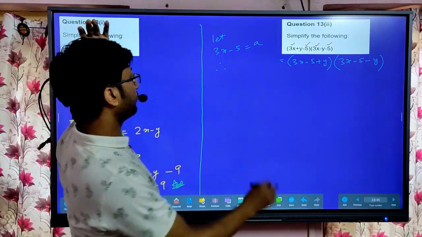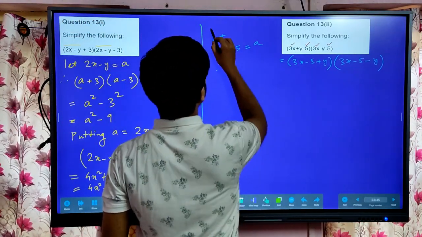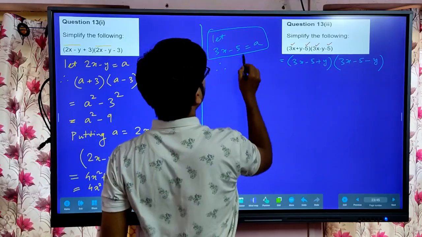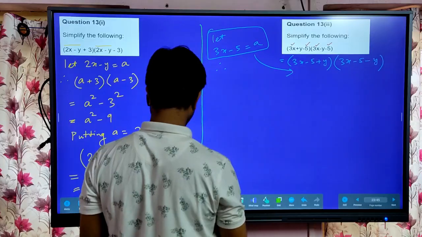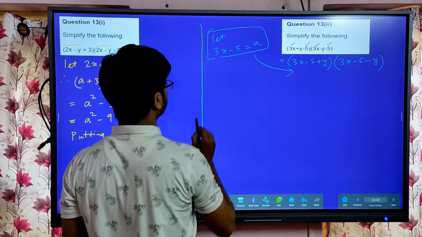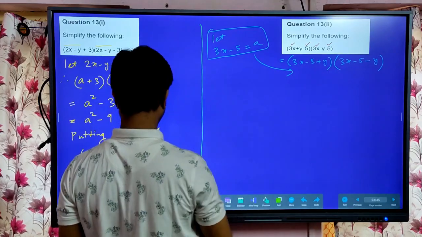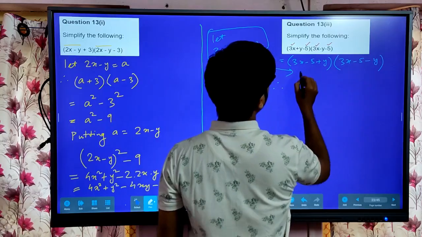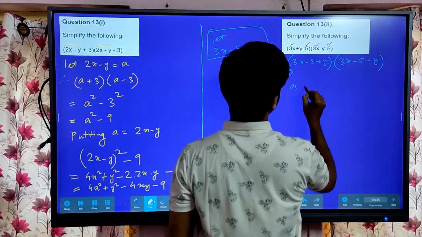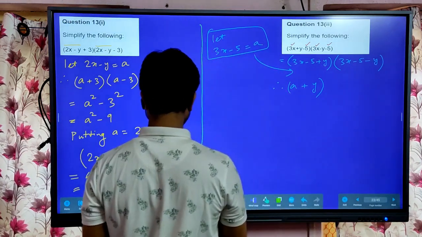Okay, after this step you will write this. Okay, and then you will write, therefore, it will become a plus y, because this portion is a.